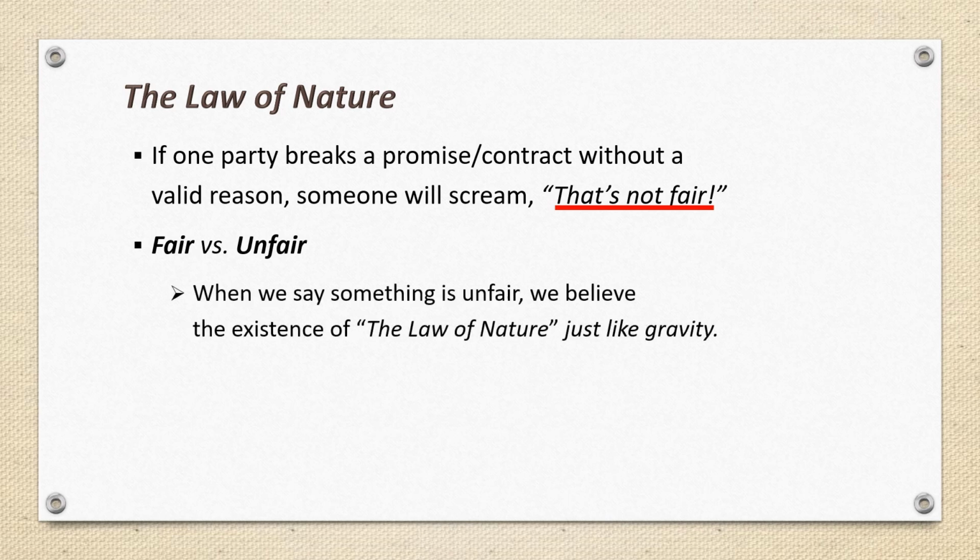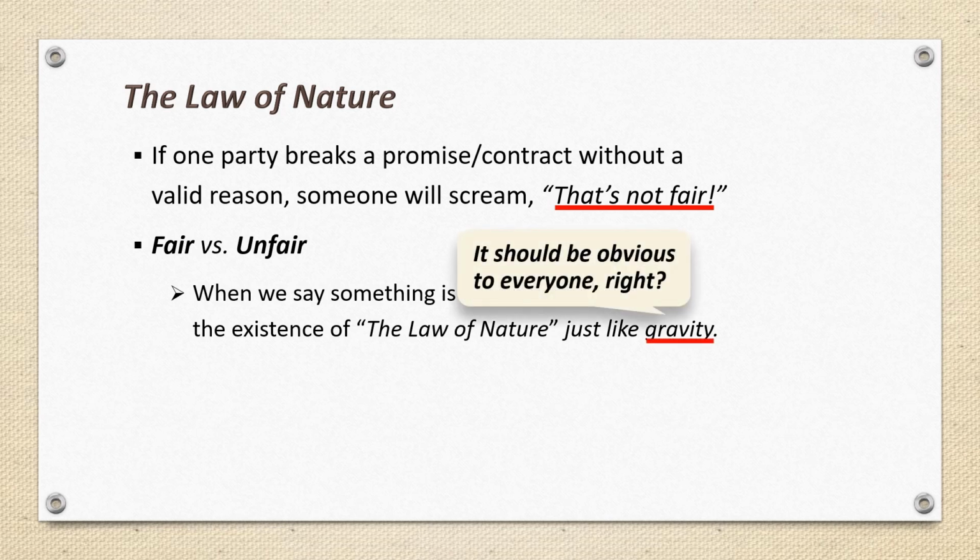When we say something is unfair, we believe in the existence of the law of nature just like gravity. We agreed on these terms. That means we expect you to do these things, just like gravity. And the reason why we say this is, since we agreed upon this, it's supposed to be obvious to everyone.